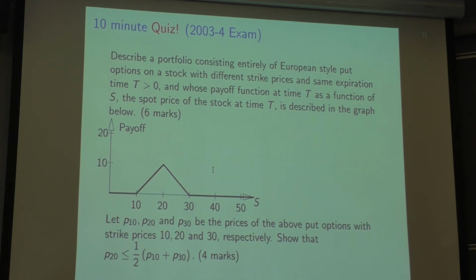You want to make a profit when the underlying asset price is around 20. So you want to build a portfolio of options which gives you this payoff function at expiration.